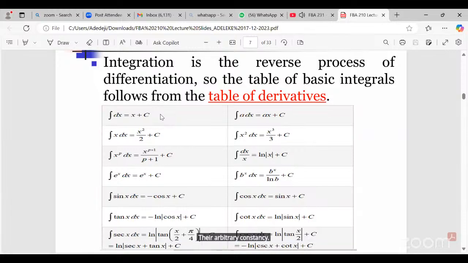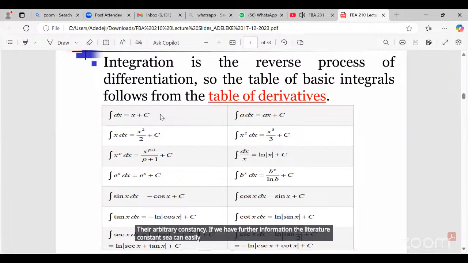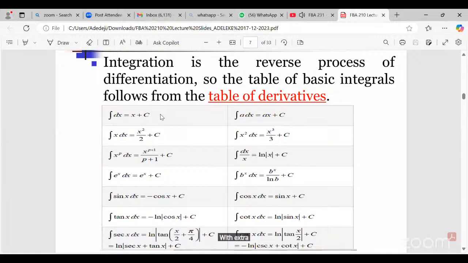If we have further information, the arbitrary constant c can easily be computed with extra information.